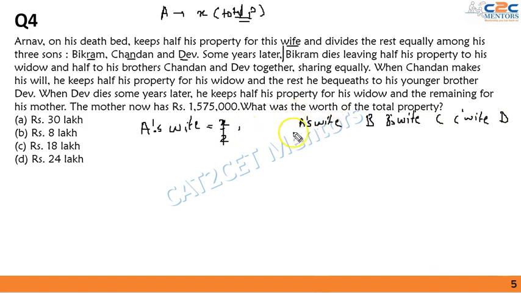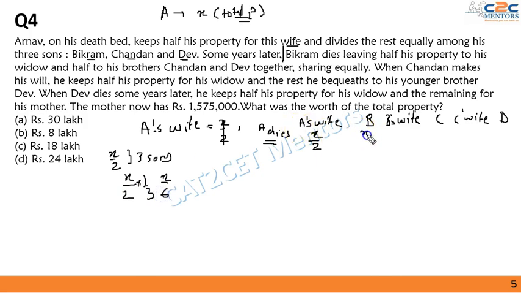Okay, now we are given that when A dies, half of the property goes to A's wife, that is x by 2 is given to this, half and the half remaining x by 2 is divided equally amongst 3 sons. So each of them is going to get x by 2 multiplied by 1/3, that is x by 6.